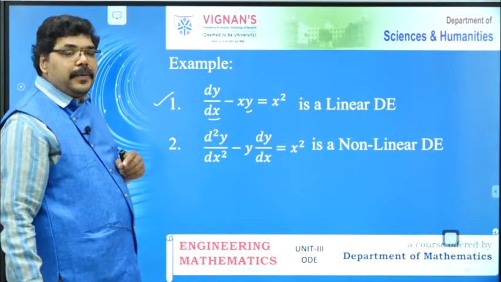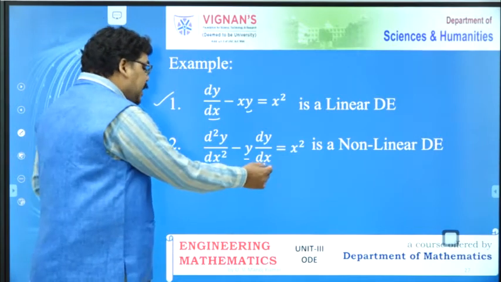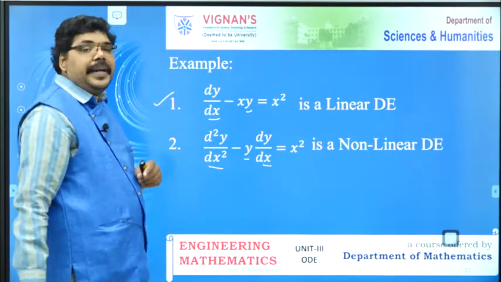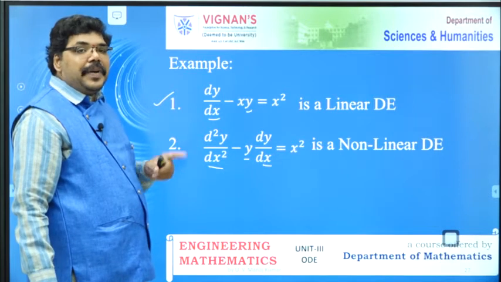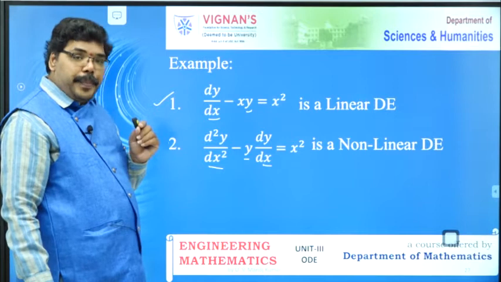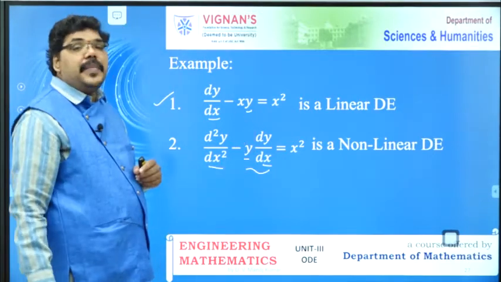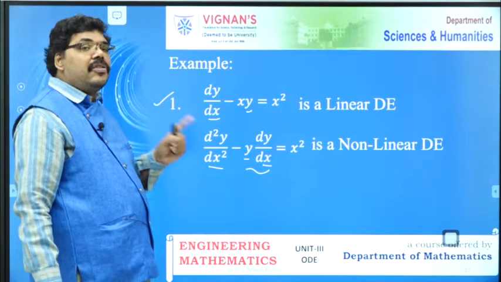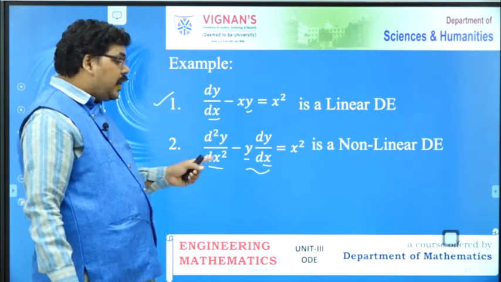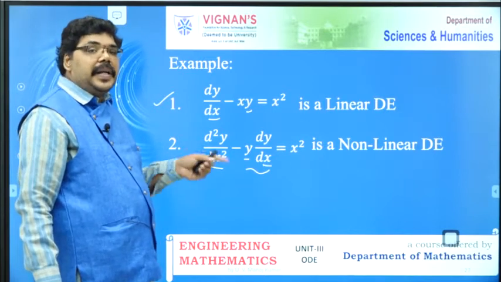What about the second equation? y is the dependent variable, dy by dx and d square y by dx square are derivatives. All of them have degree 1, but here you see y and dy by dx are multiplied. So this is not linear.